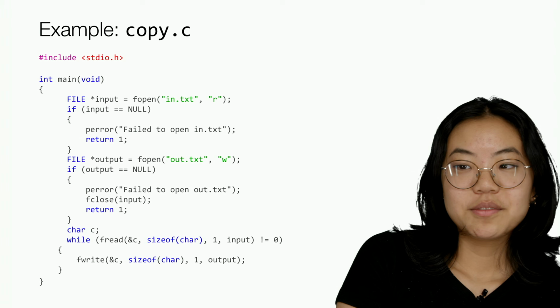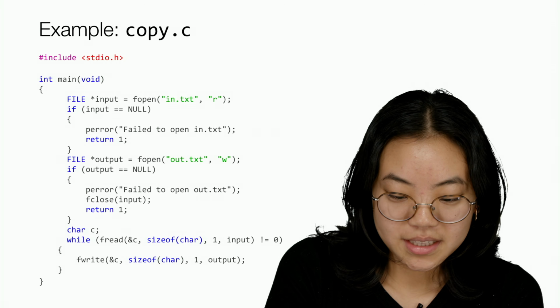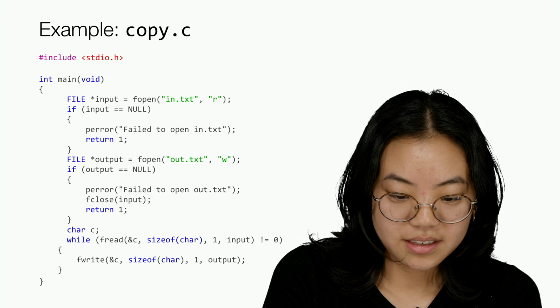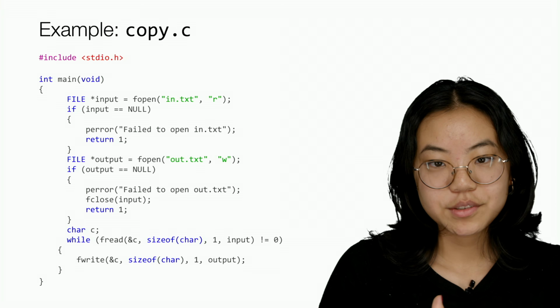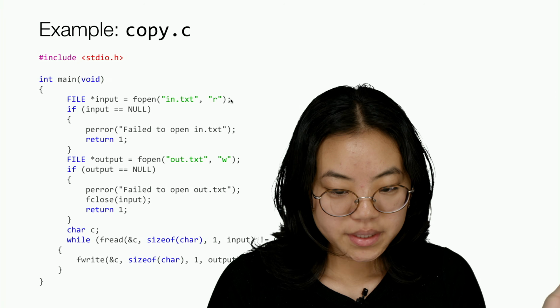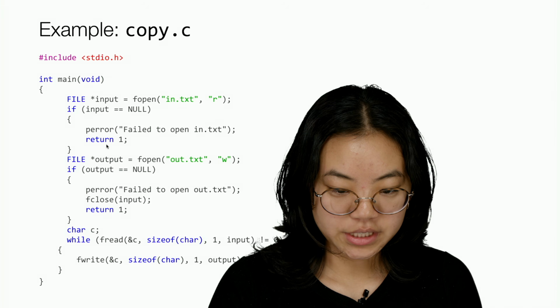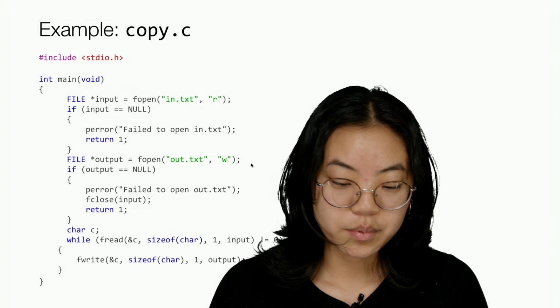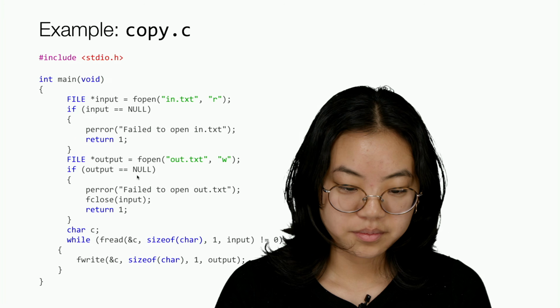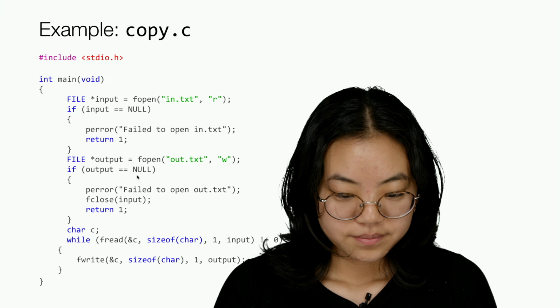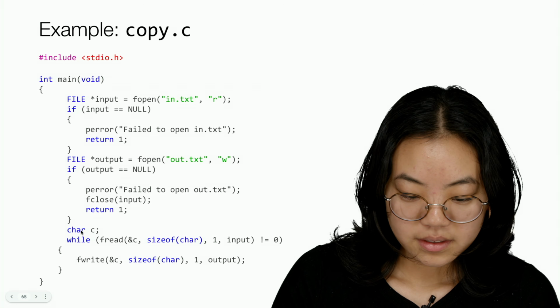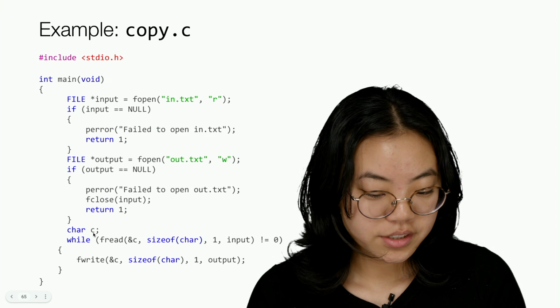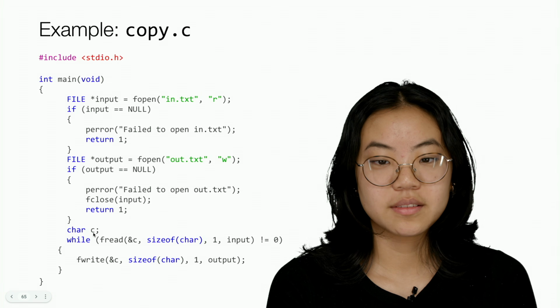So what we just saw visually is what this piece of code does in reality. So we can see we have opened in.txt, we're checking that it didn't fail. Then we're opening out.txt, also error checking. And then we create a character called C. That's where we're going to be storing things.